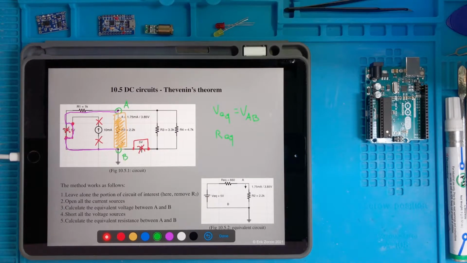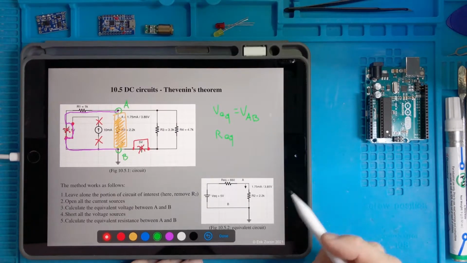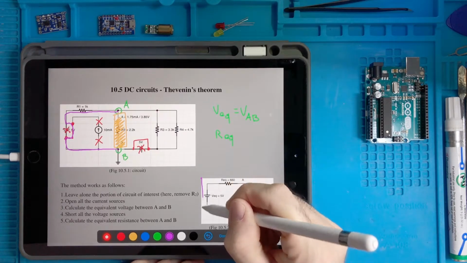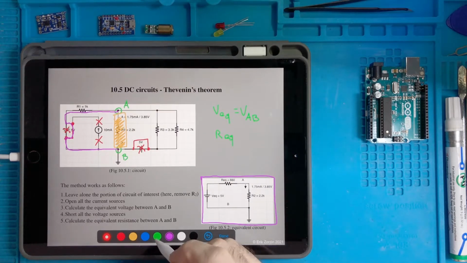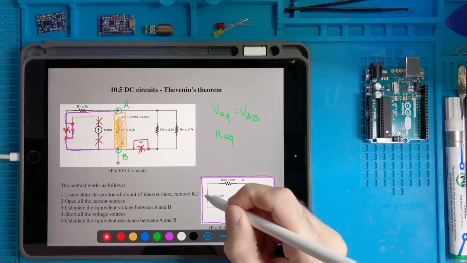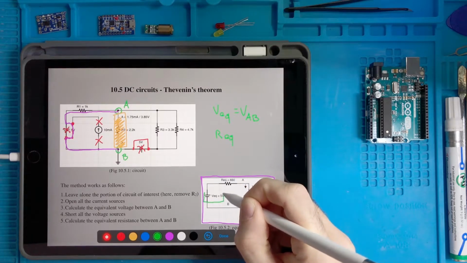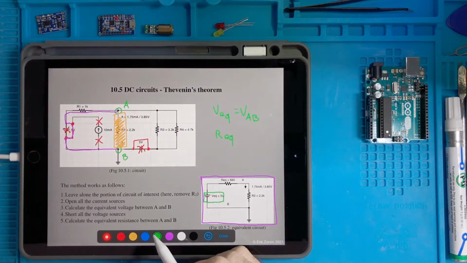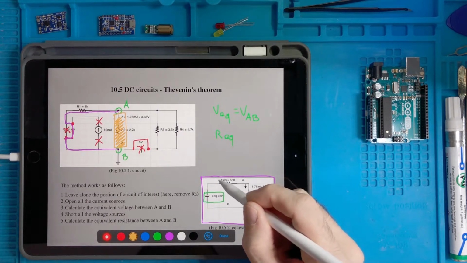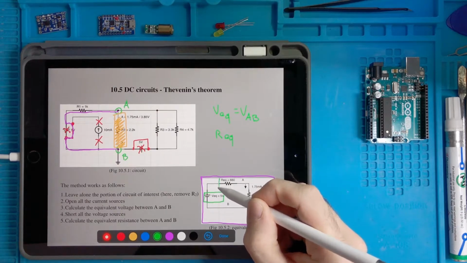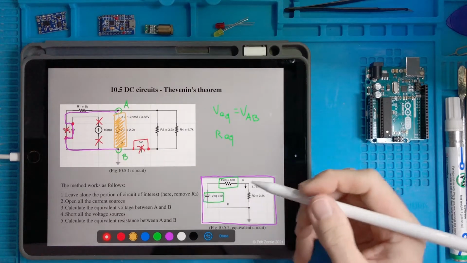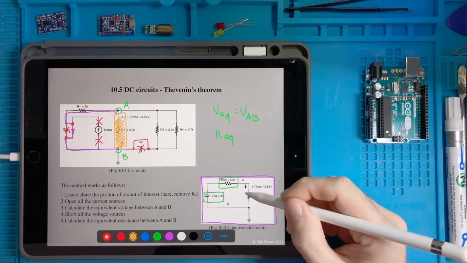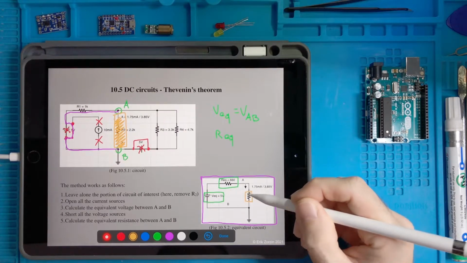So the theorem demonstrates, we don't do this now, that if we do this, then we can assemble this circuit here, where we put an equivalent voltage source in series with an equivalent resistor, which is what we called R equivalent, and then we put our component of interest that we removed in order to be able to compute all this.